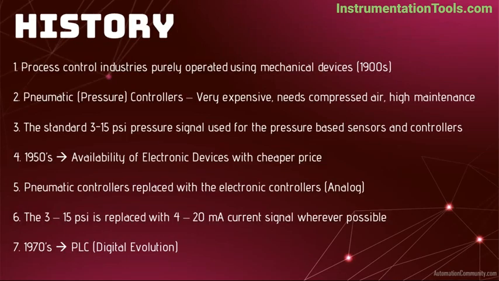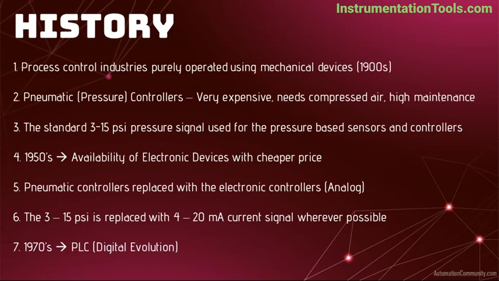In the olden days, industries were equipped fully with mechanical operated devices like pneumatic sensors and controllers. Pneumatic means pressure. Pneumatic devices use pressure as a medium for the measurement and to control applications in the industries. The pneumatic devices generate an output signal in the range of 3 to 15 pounds per square inch.